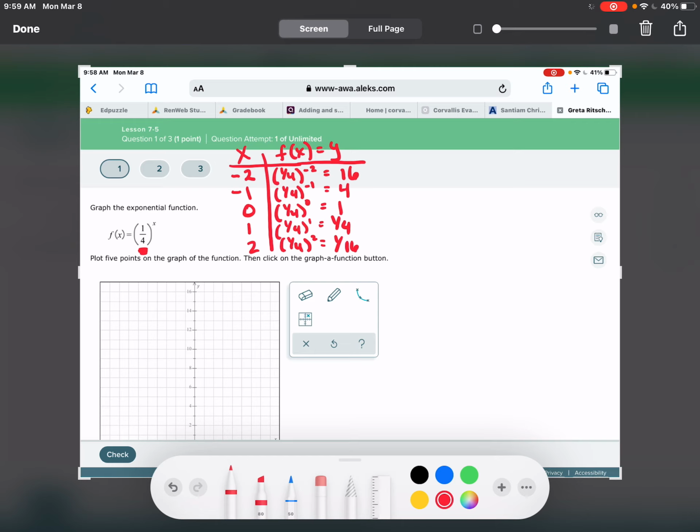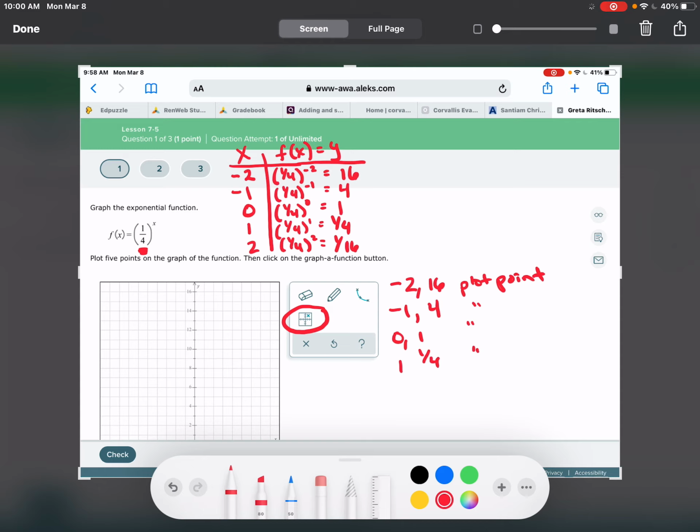As I type these in, some of them are not too bad to just find on the graph, but if you use this little tool right here, you can just type in the pairs of numbers like -2 and 16, and then you hit plot point, and then -1 and 4, plot point, 0 and 1, plot point, 1 and 1/4, plot point.